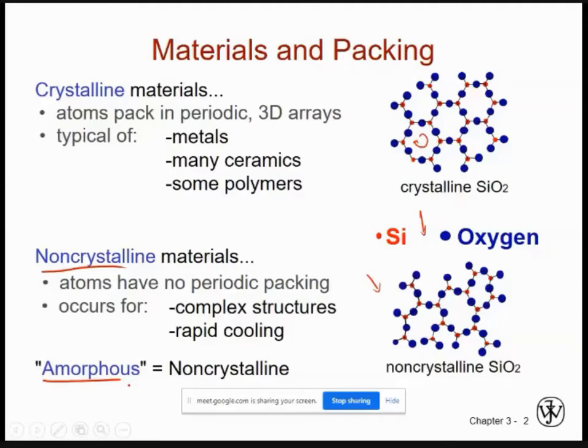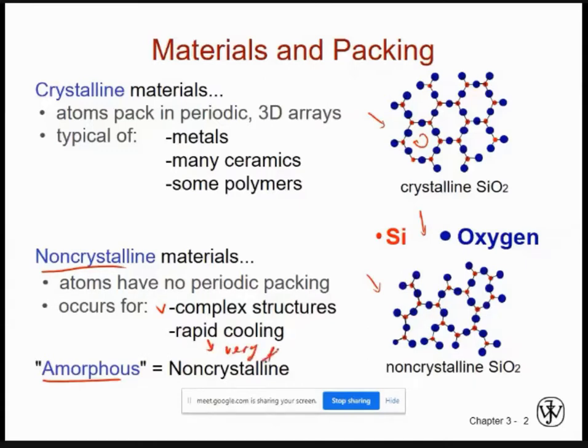So how do we get this kind of non-crystalline material? We have two kinds of situations. The first, the material itself has a complex structure, and the second one is you get a crystalline material like this, and you heat it and then cool it very rapidly. Here rapid stands for very fast.